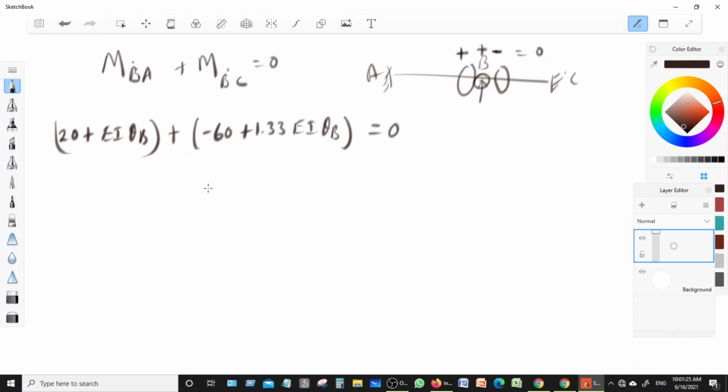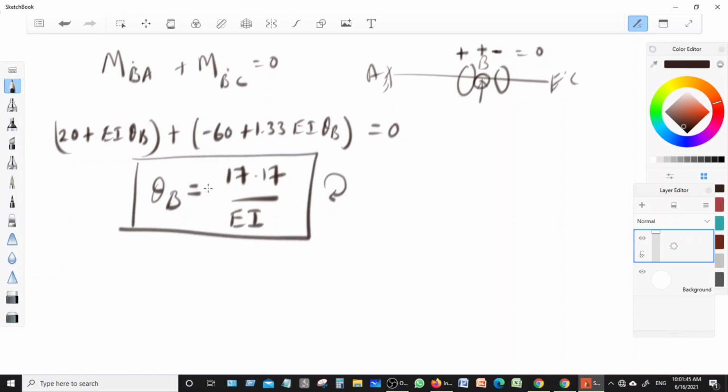If you solve this equation, you will get theta B in terms of EI, that is 17.17 upon EI, and positive means clockwise rotation. So theta B will be clockwise.